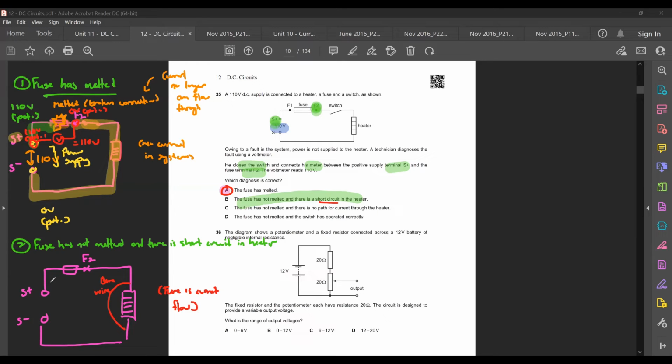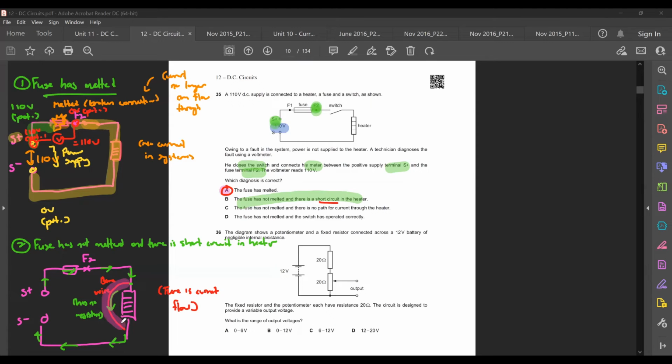So current flows like this, like this, like this. But once it reaches here, you can have two paths to flow. Either you flow this way or this way. But your heater by right should have resistance, while your bare wire has no resistance, because the question already says it's a short circuit. So once your current reaches the junction before your heater, it won't flow through the heater. Instead, it flows through the bare wire, the short circuit path. It goes like this right now. Okay, so maybe I should just highlight this.